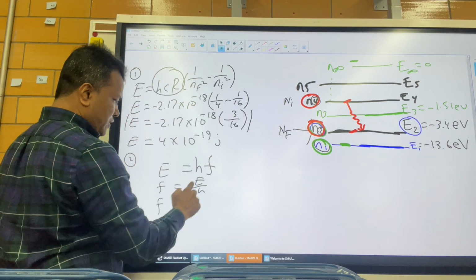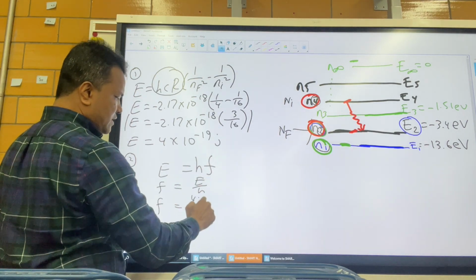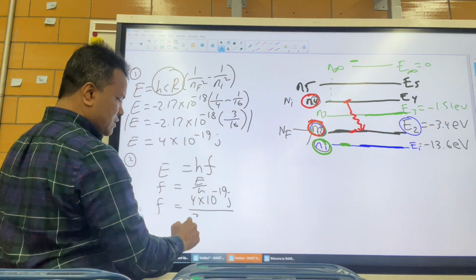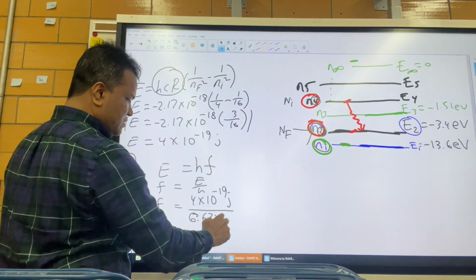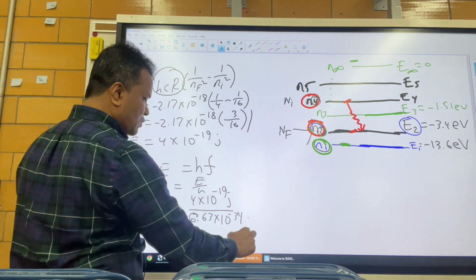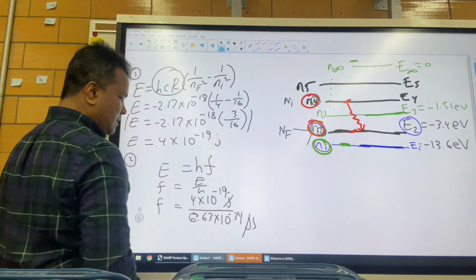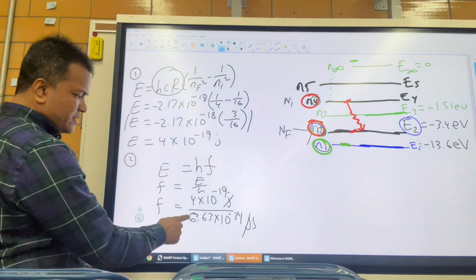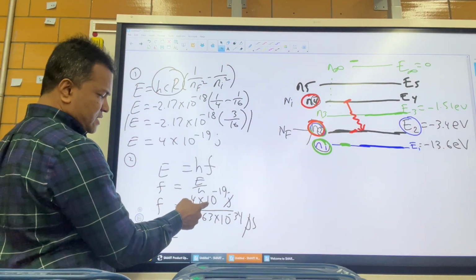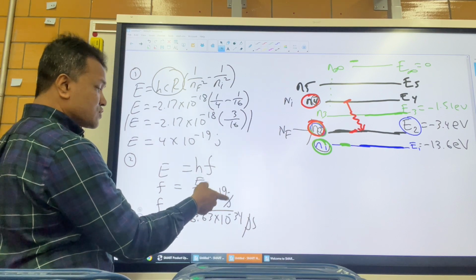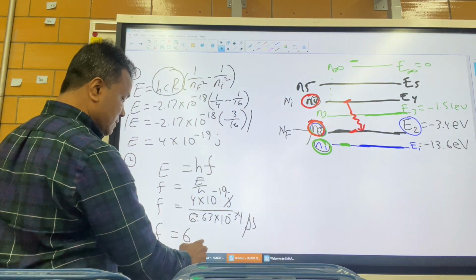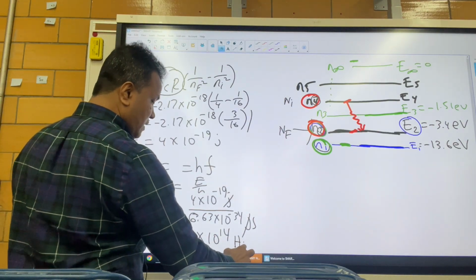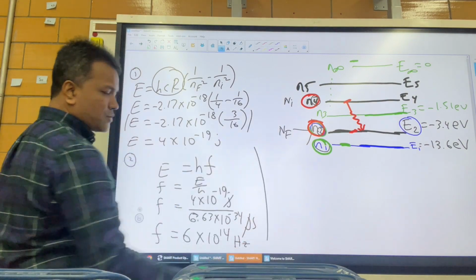So f is equal to E, which is 4 times 10 raised to negative 19 joule, over h, which is 6.63 times 10 raised to negative 34 joule second. Joules will cancel. So you have 0.6 times 10 raised to 15, so 6 times 10 raised to 14 hertz, the frequency.